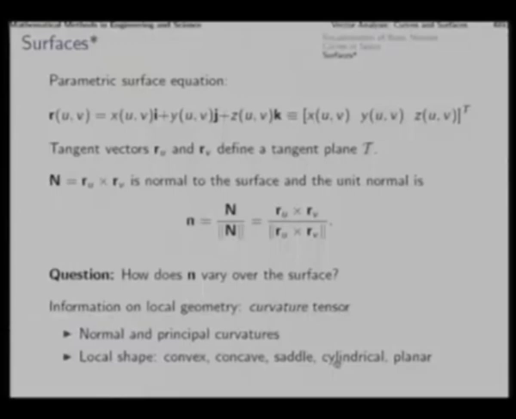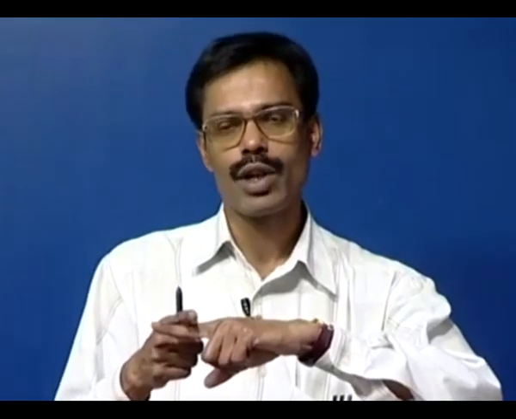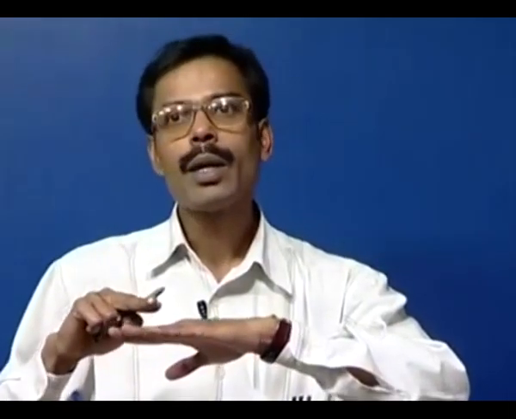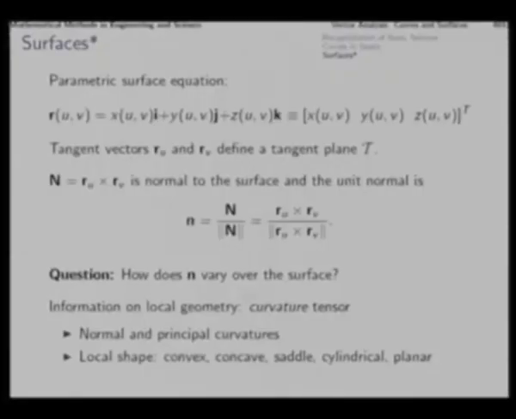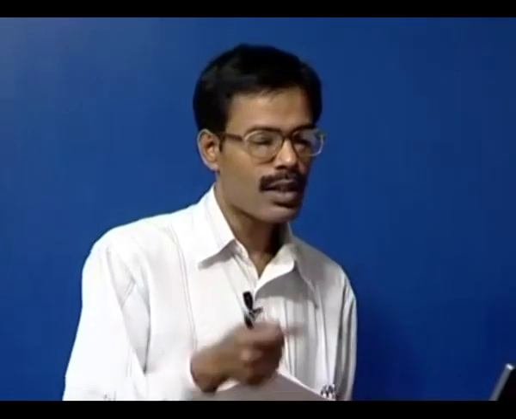If one of the principal curvatures turns out to be 0 and the other is positive or negative, then it is cylindrical. On the other hand, if both the principal curvatures at a point turn out to be 0, then locally the surface is a planar surface. So, this way you can work out the local geometry of a surface based on the way the normal varies in the immediate neighborhood.